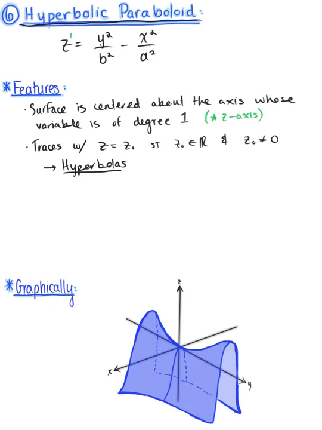Now, what about the traces for x and y? So we say that traces with x being equal to x-naught and or y being equal to y-naught, such that x-naught and y-naught are real numbers, these traces are parabolas.